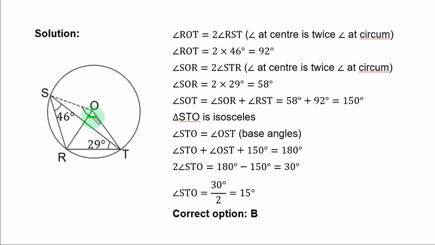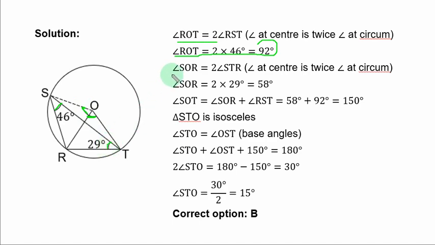Now, angle at center, angle ROT, corresponds to angle RST, that is this angle. Angle at center is twice angle at circumference. For that, angle ROT is 2 times 46 degrees equal to 92 degrees. We can also get this angle, which is also an angle at center, and is twice this angle at circumference.